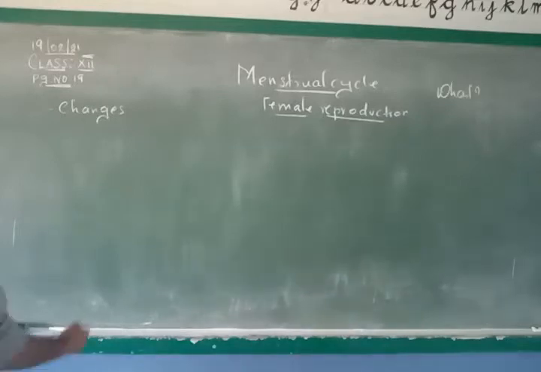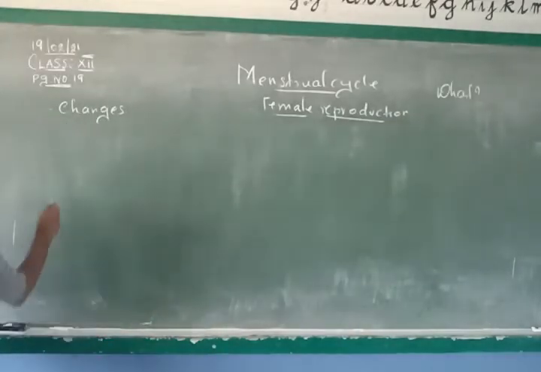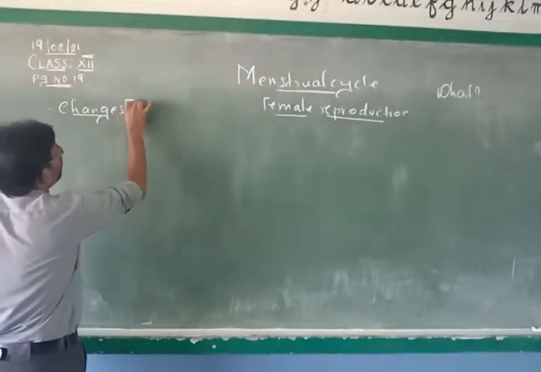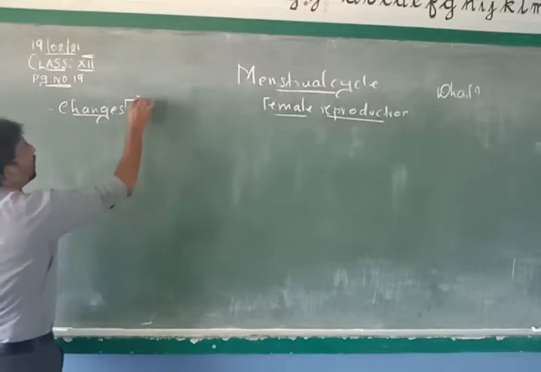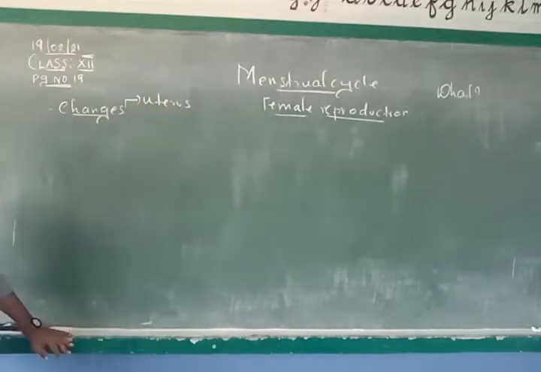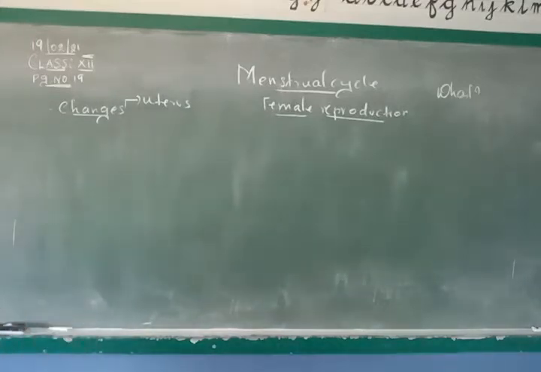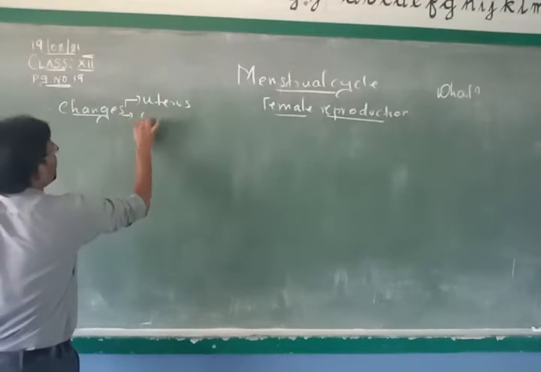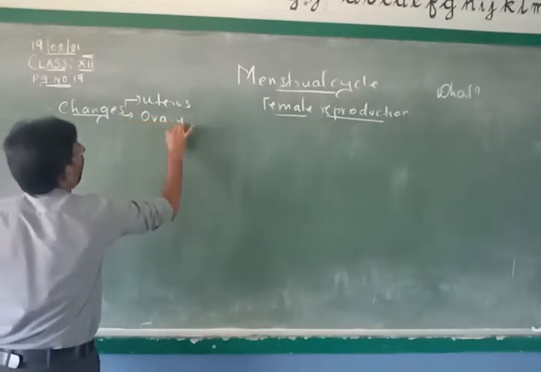Now, what is this menstrual cycle? It is a change that takes place in 3 areas. Number 1, it takes place in the female uterus, where the changes are in the uterus. Number 2, it is taking place in the ovary.